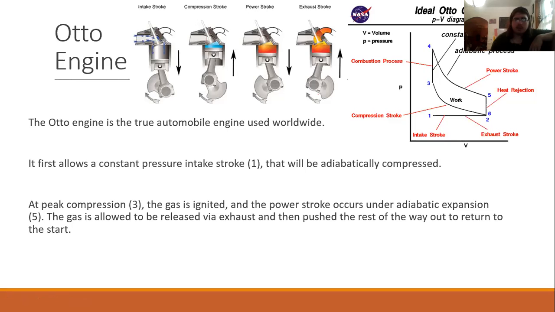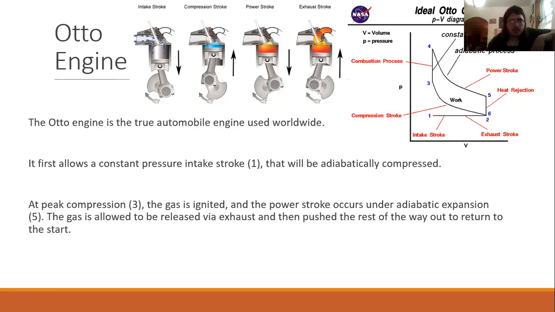The other thing is the Otto engine. The Otto engine is actually the true automobile engine. It's not quite the Carnot cycle, but it has the same general process. How it differs is that the Otto engine uses a reaction that we allow to occur rather than an ideal gas.